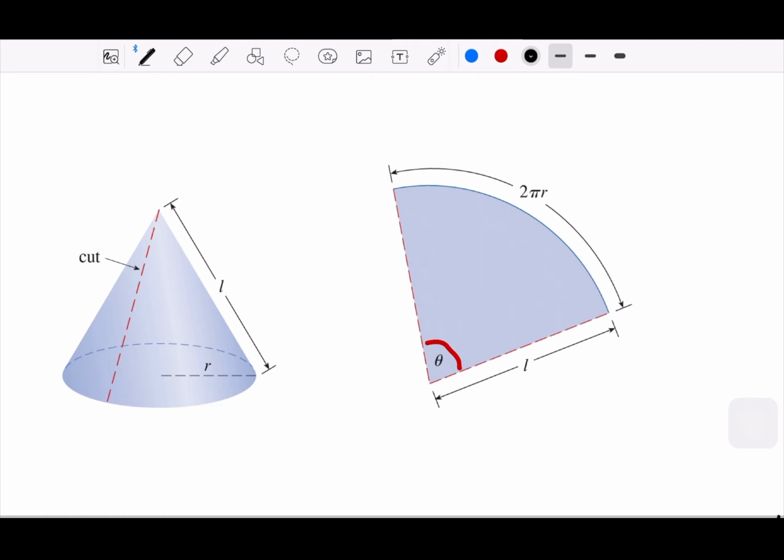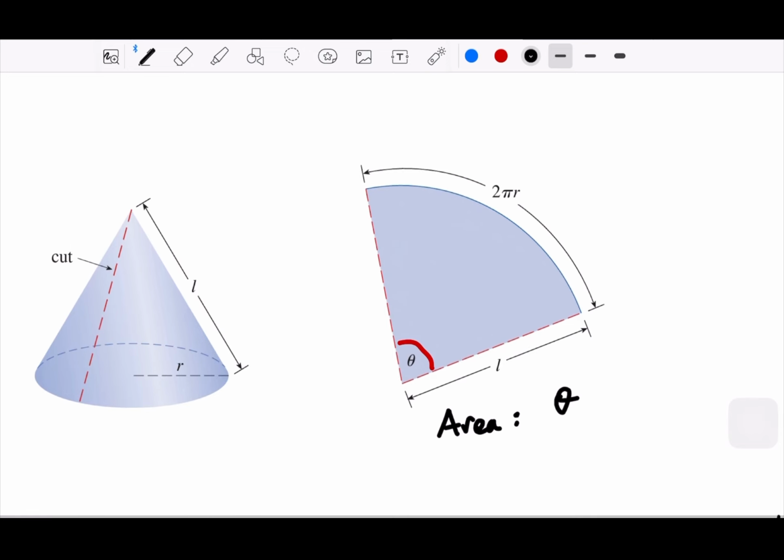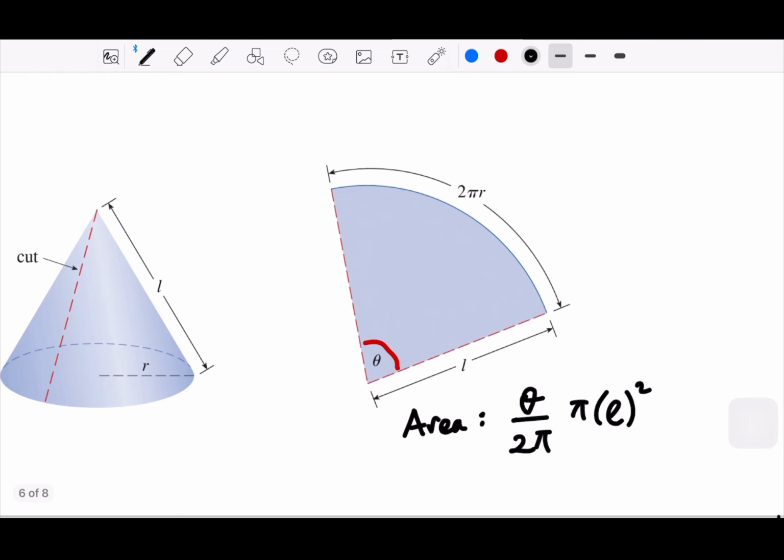So let me write here, the area then becomes theta over 2 pi multiplied by pi and then L squared. Everyone agree, right?